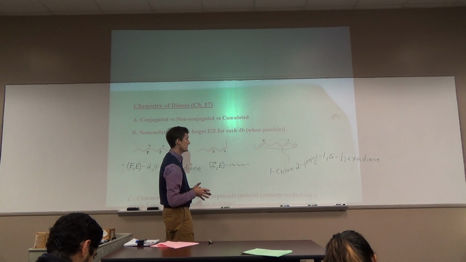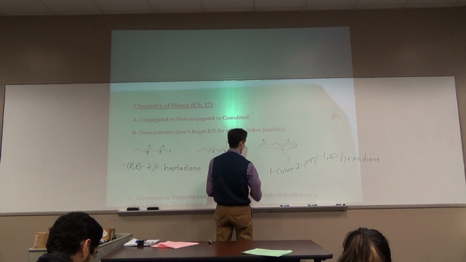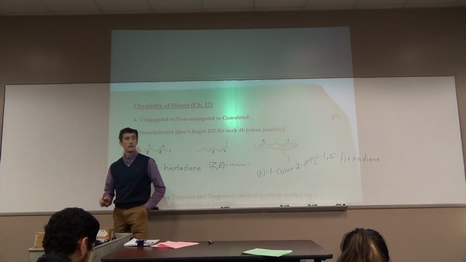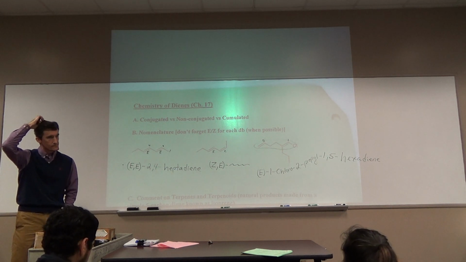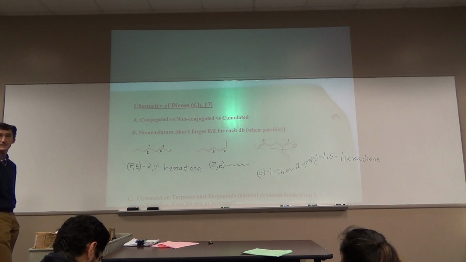Do we need anything else? How about an E in front? Do you need to name the terminal alkene at all? The E refers to which alkene? The first one, the one that's stereogenic.